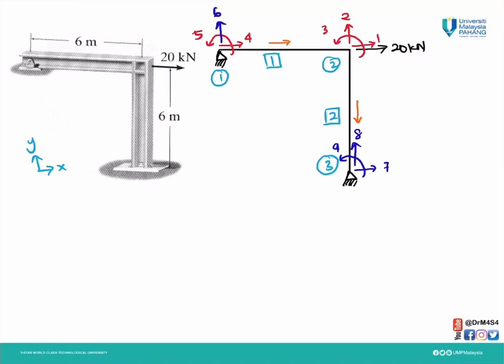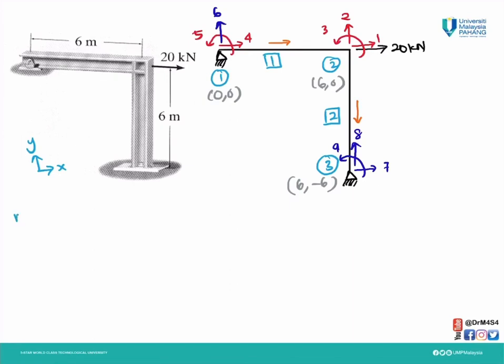Now we can calculate lambda x and lambda y for our members. First of all, we have to identify our origin. We're going to take node 1 as (0, 0). That means node number 2 is (6, 0), and node number 3 is (6, -6). From that, we can calculate lambda x and lambda y.